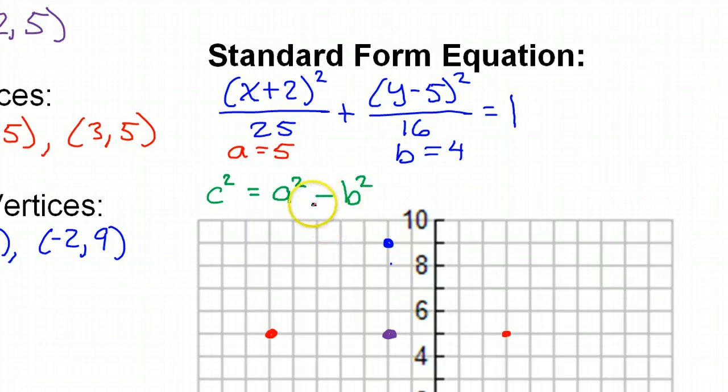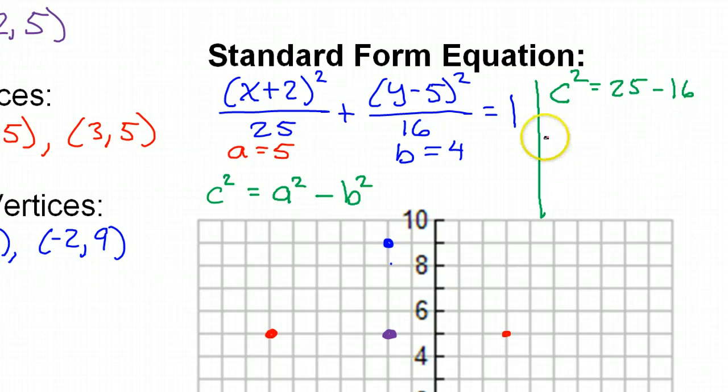For ellipses it's minus. For hyperbolas it's plus, so be aware. Okay, so that means c squared is equal to 25 minus 16. That means c squared is equal to 9, which means that c is equal to 3.